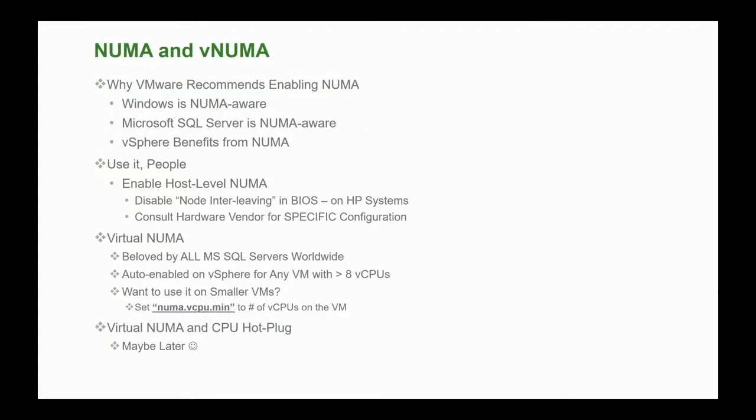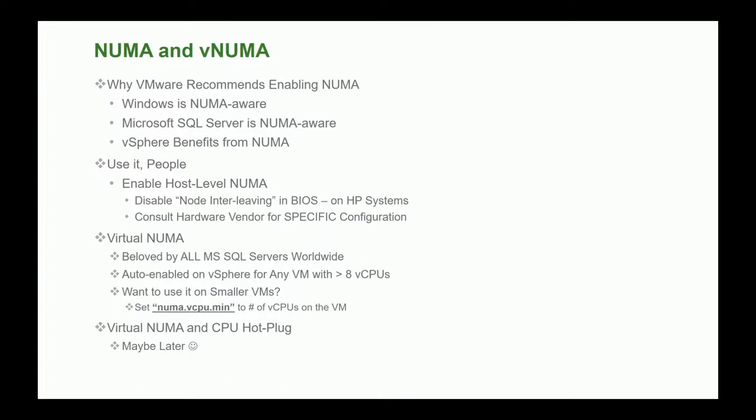NUMA gets enabled by default on virtual machines with more than 9 virtual CPUs. But to create a virtual NUMA architecture, the VM needs to be wider than the physical NUMA node the server resides on. So you create the VM wider.